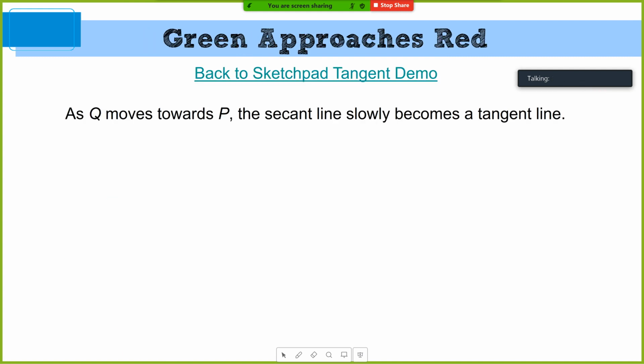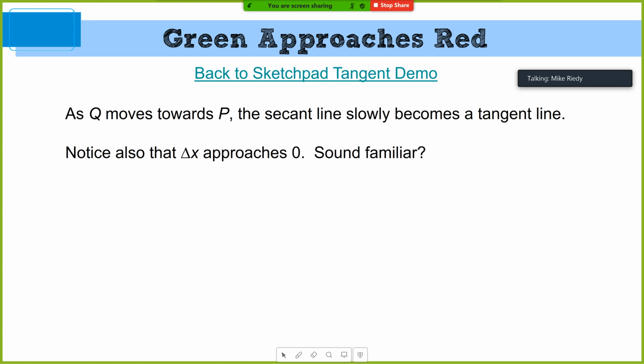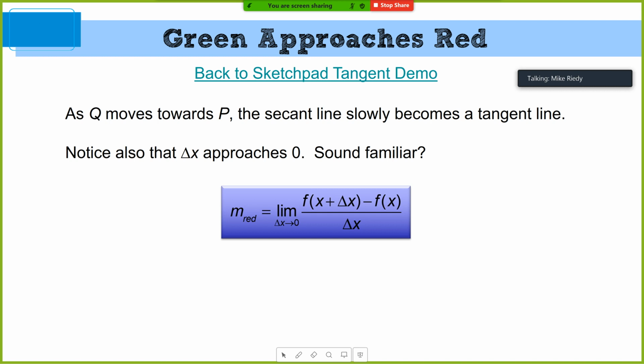Notice the point Q slides closer to P, and it doesn't matter about the shape of the curve. As it gets closer and closer to P, delta X gets closer and closer to 0. Theoretically, it will eventually go to 0, but we don't care because we're talking about limits. Remember, limits are not the value, it's as it gets very close. And so we get that.